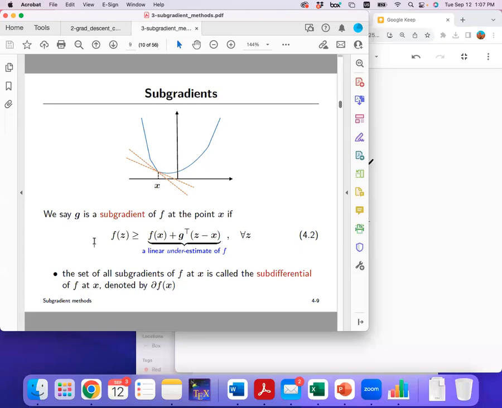And for a function, it may happen that at a single point x, multiple g's, multiple subgradients may exist. So we will collect the set of all subgradients of f at x. Just collect all the possible subgradients. We call it the subdifferential of f at x, and we denote it using this partial derivative notation.